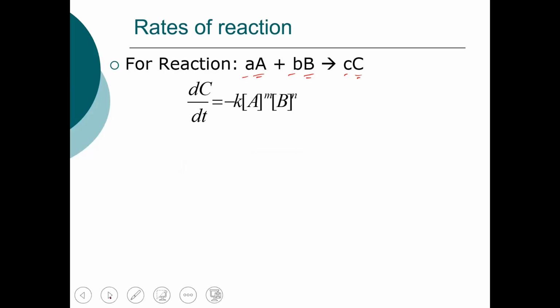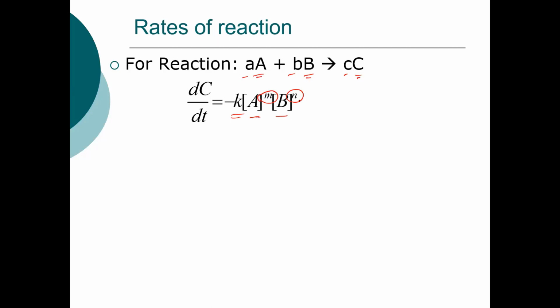We can write an equilibrium, we can write a reaction rate expression. So the change in C with respect to time is equal to some rate constant times A and B. Now, M and N are not based on the stoichiometric coefficients, except in some very, very special cases.